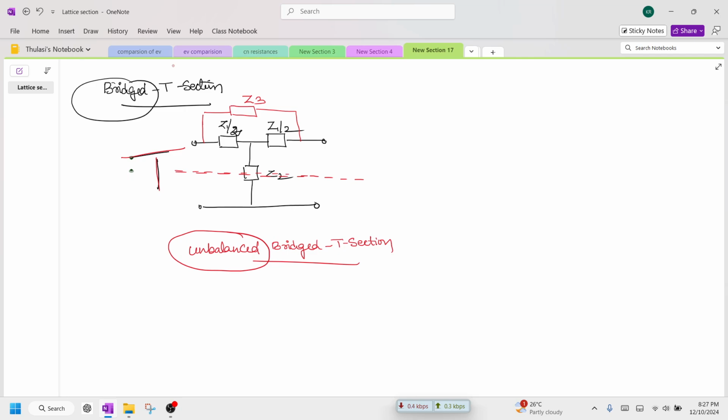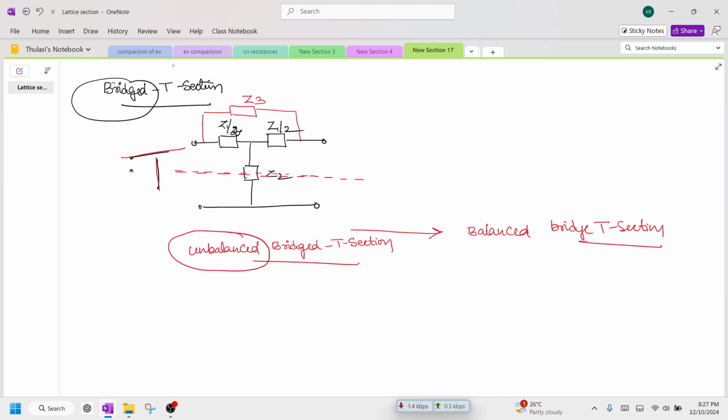Now, how to make it a balanced T section? I want to convert this unbalanced network into a balanced bridged T section. So what is this balanced bridged T section?